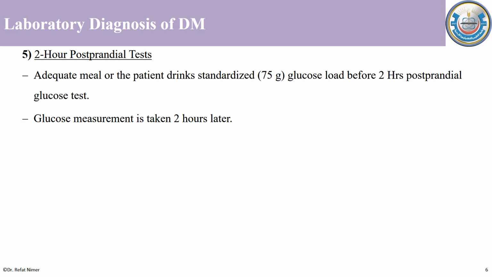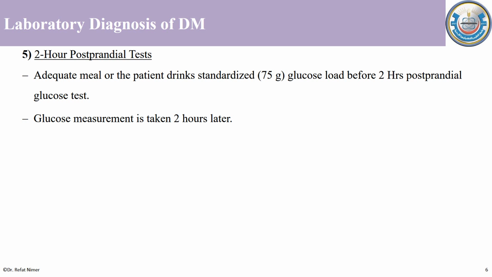So in this test, the patient comes to the lab after having breakfast or a meal, or after 2 hours of the first meal, and then the technician takes blood and measures the glucose level. So that's why it's 2 hour postprandial. Postprandial means after the meal of 2 hours.